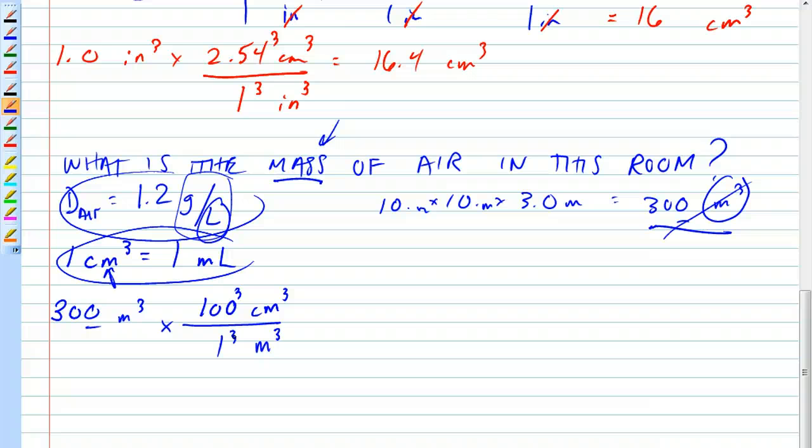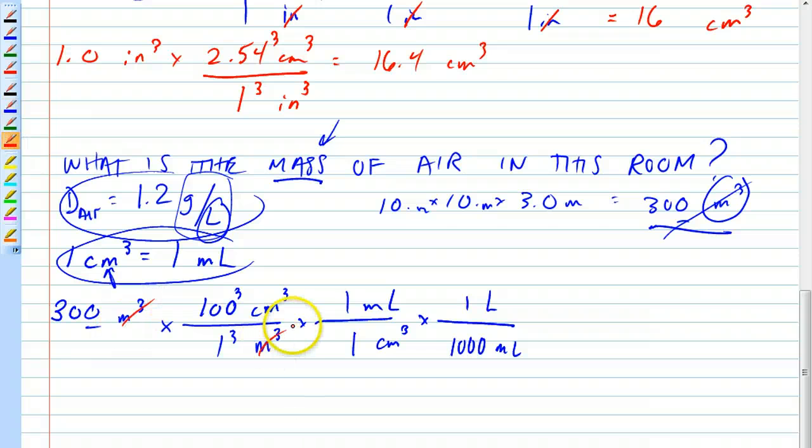It's 300 million cubic centimeters in this room. Change that to milliliters: 300 million milliliters. Change that to liters: 300,000 liters. That's the volume of this room approximately.